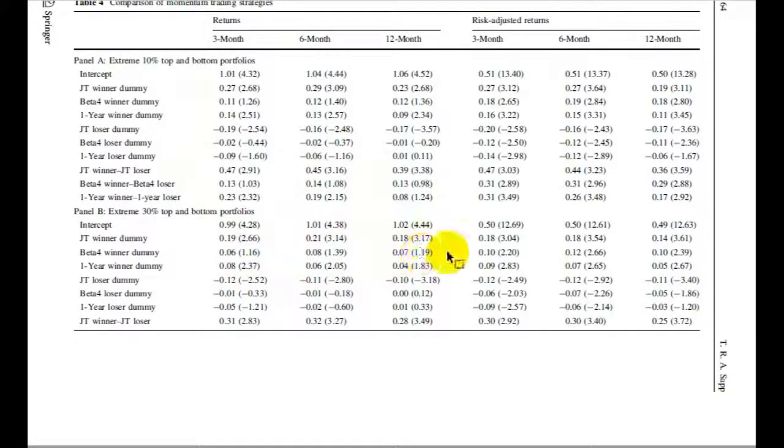But the momentum factor loading strategy does not give us significant results here on the long side. On the risk-adjusted returns, we see here the T statistics are all fairly significant. So we could say these results are likely not zero.